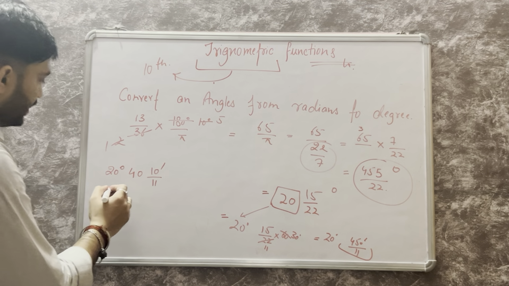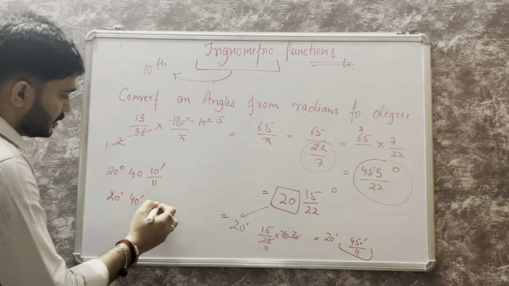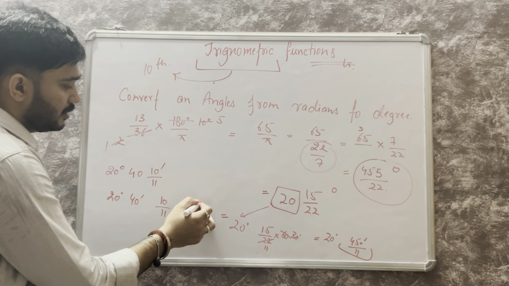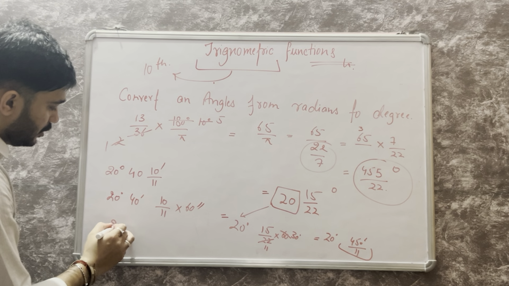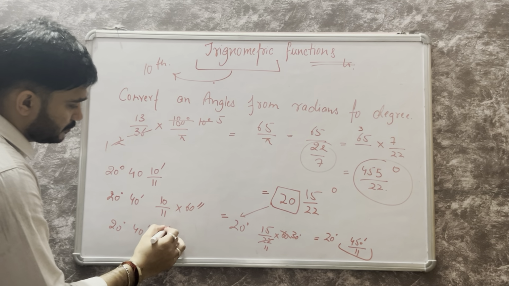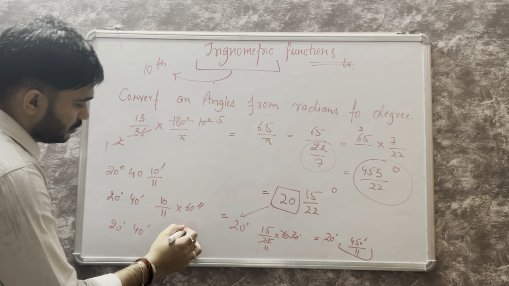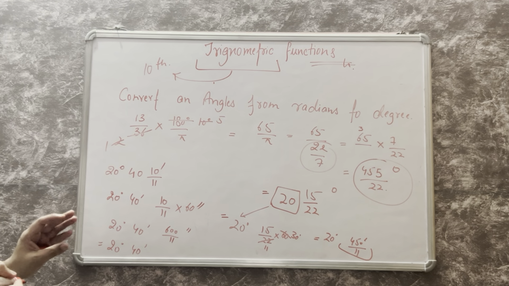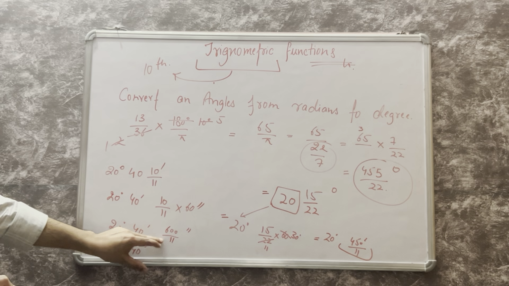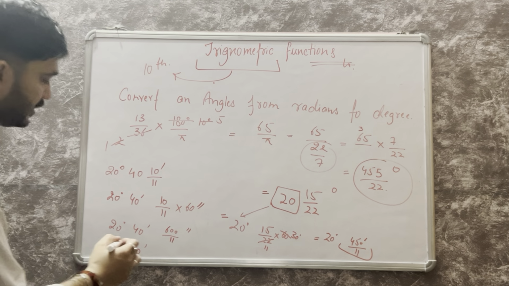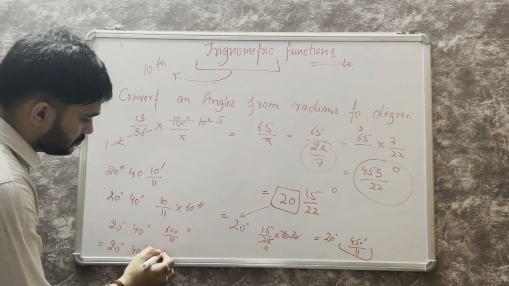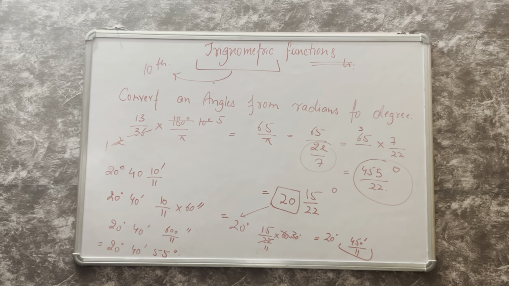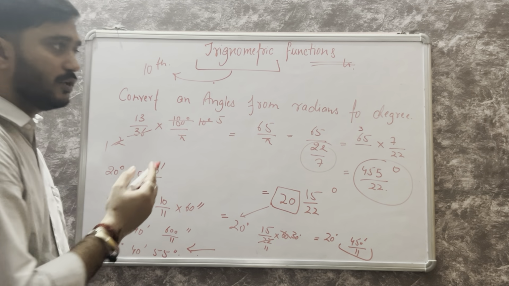Write this number as minutes: 20 degrees, 40 minutes, and 10 by 11, multiply this number by 60, and you will get the answer in seconds. 20 degrees, 40 minutes, 600 by 11 seconds. Get the closest number that you get from dividing 600 by 11, that is 55 seconds. That's it. That's your approximate answer to the question. Any doubts?